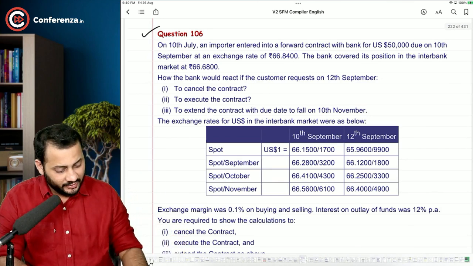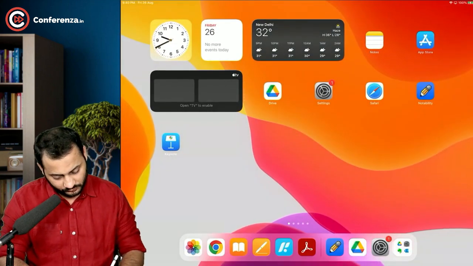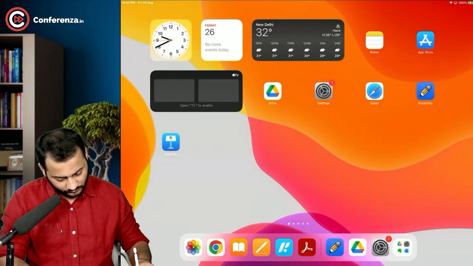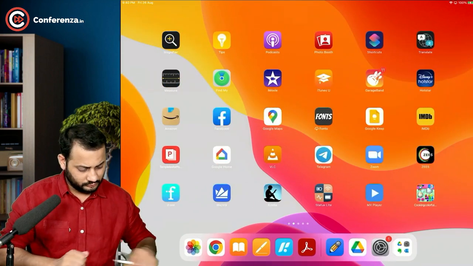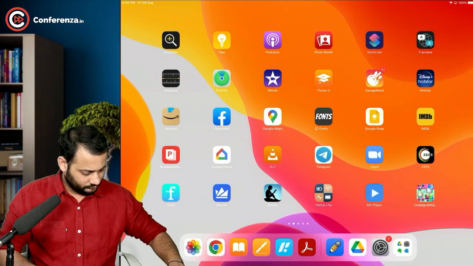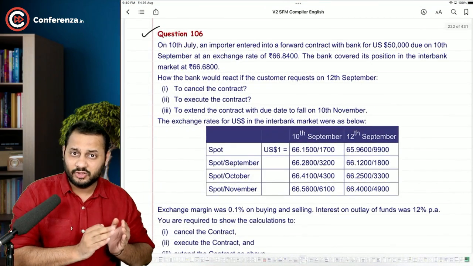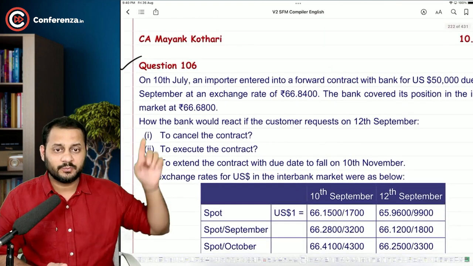Bank will sell $50,000 to the importer at a rate of 66.84.